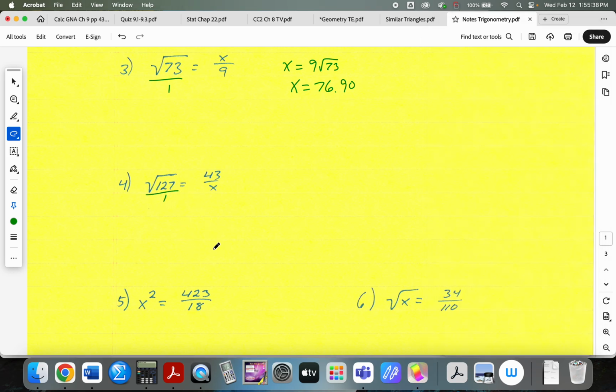All right, for this one, same thing. We're going to put this over 1 so that we have fractions on both sides. So this is going to be the square root of 127x is equal to 43, and we'll divide both sides by the square root of 127.